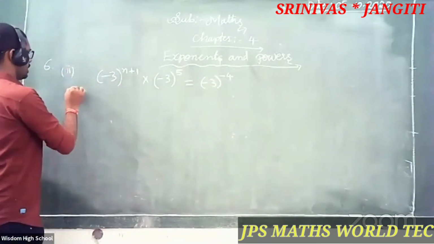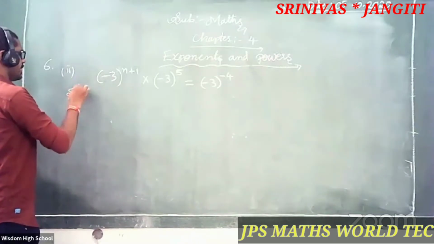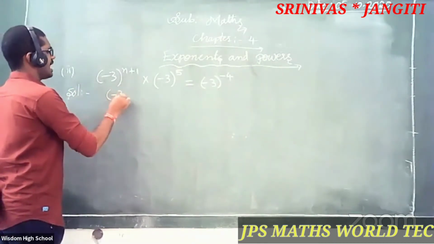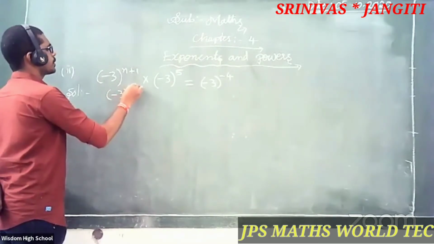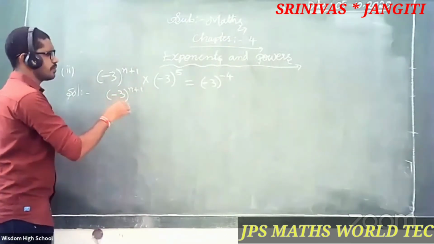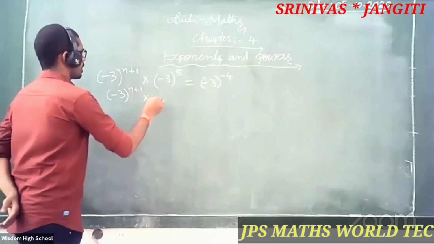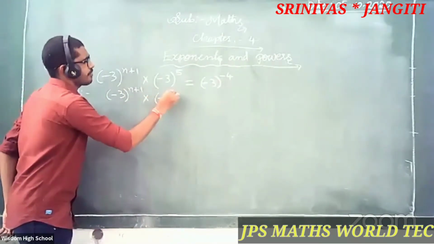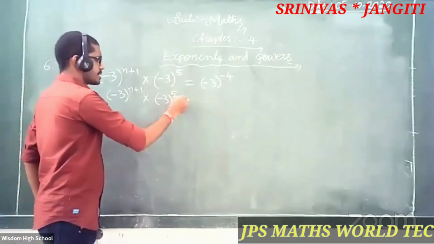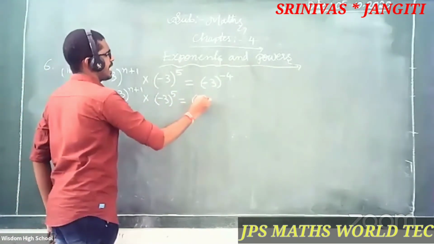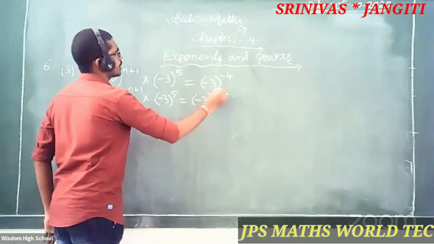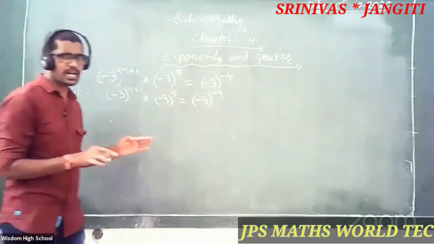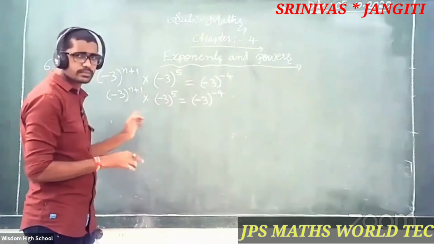Very good. So simple. The problem is (-3)^(n+1) × (-3)^5, which is equal to (-3)^(-4). Then what is here?